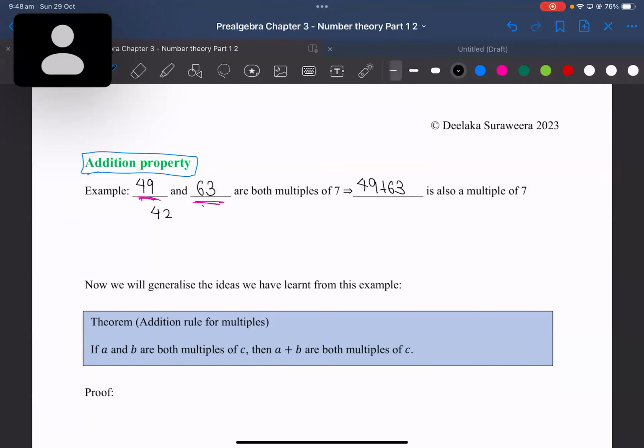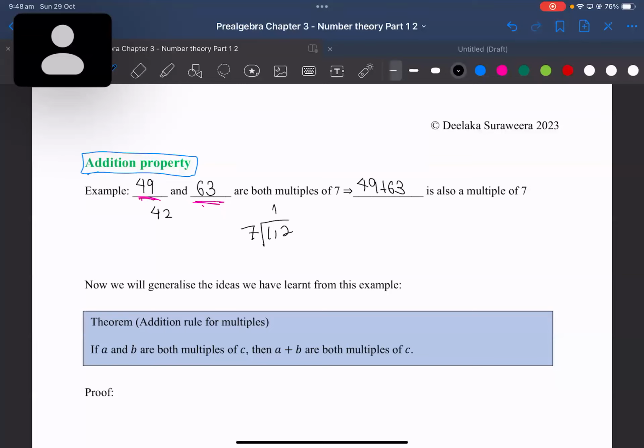We don't know. We need to figure that out. Right? We'll do it together. 49 plus 63 is 112. Divide by 7. Right? 11.